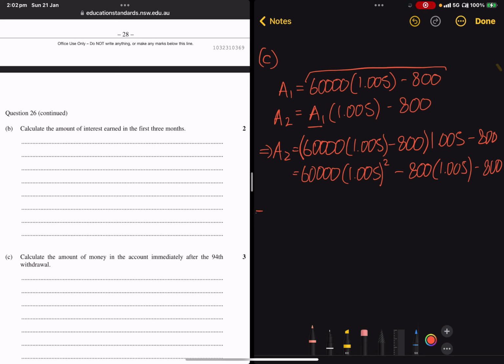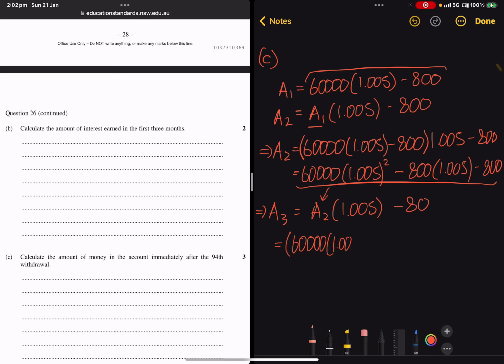If we take A3, A3 is A2 times 1.005 minus 800. If we put in what A2 is, this becomes 60,000 times 1.005 squared minus 800 times 1.005 minus 800, all times 1.005, all minus 800.